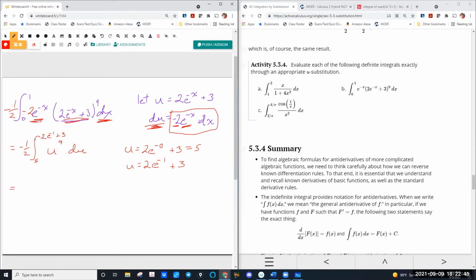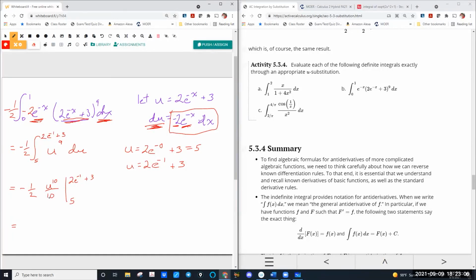And now I only have to focus on the antiderivative in red. I'm done with what's up in the purple. So negative 1/2. Antiderivative of u to the 9th is u to the 10th over 10. And that's going to go from 5 to 2e to the minus 1 plus 3.